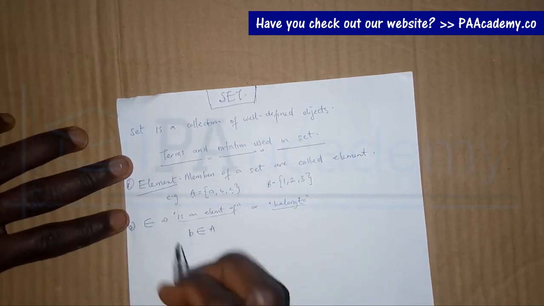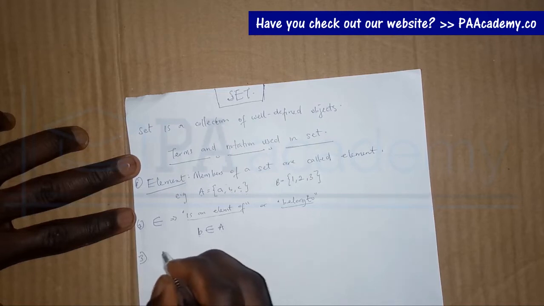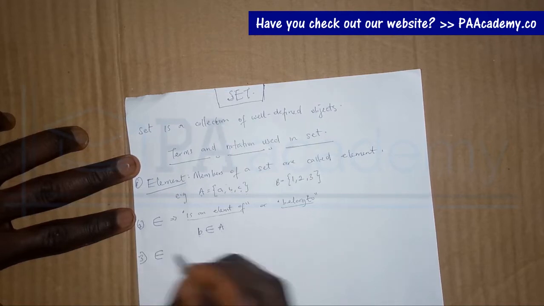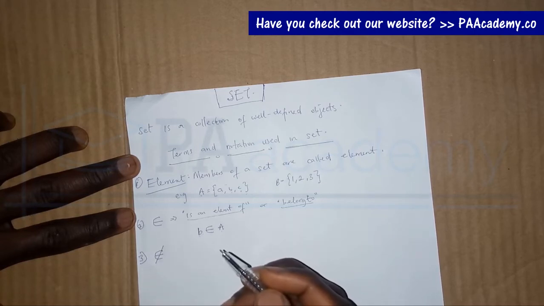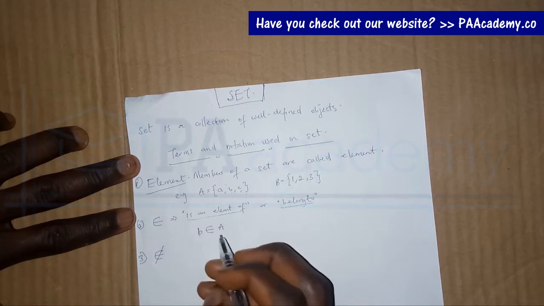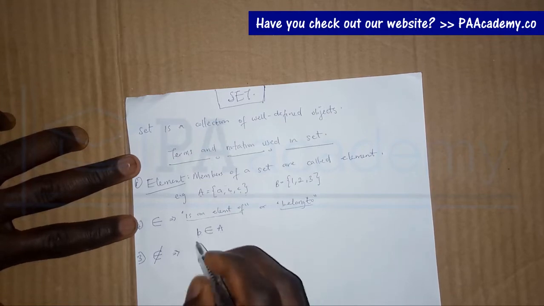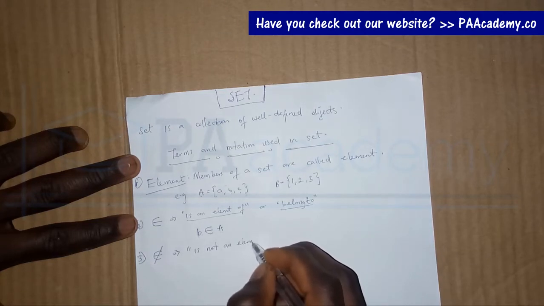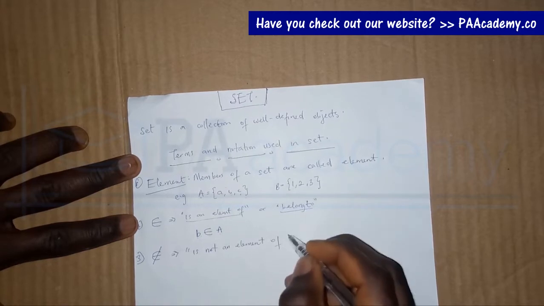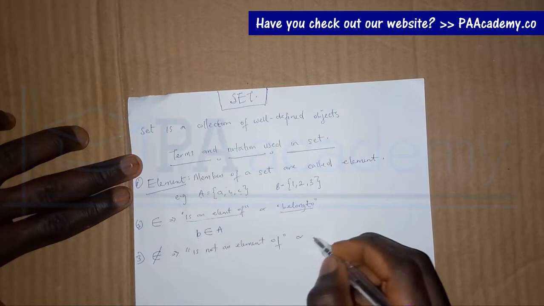Alright, let's look at the opposite of it. This is also a notation. If you have that same symbol with a forward slash crossing it, this simply means is not an element of, or you can just say does not belong to.